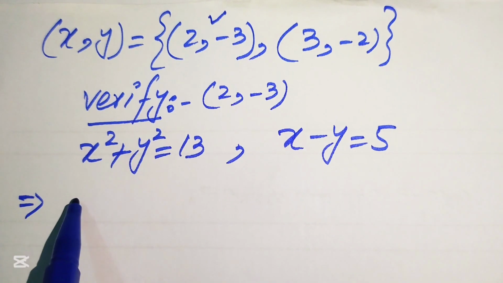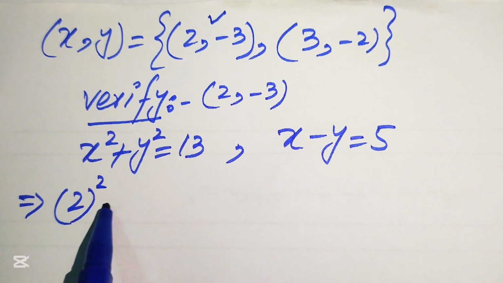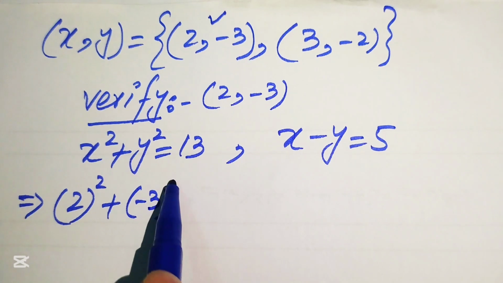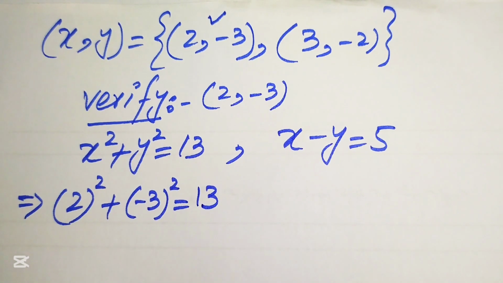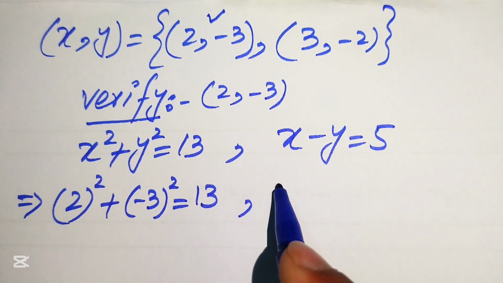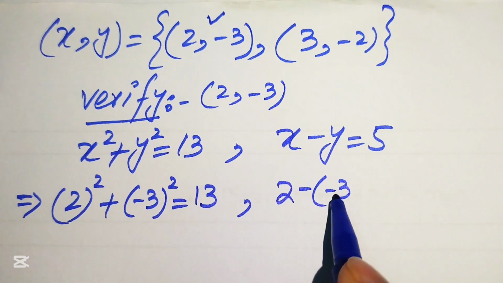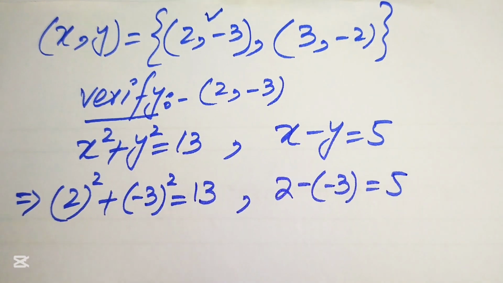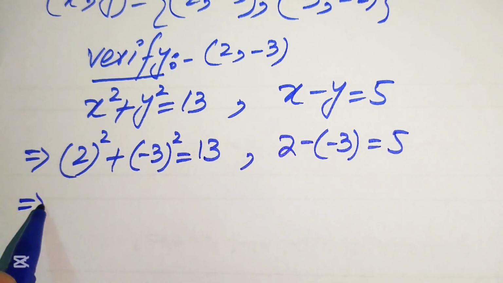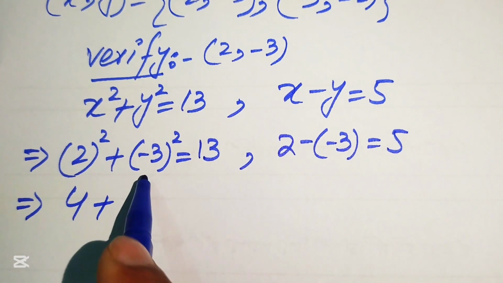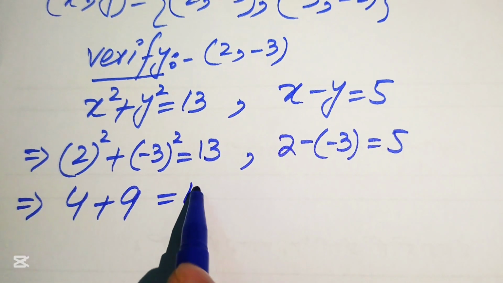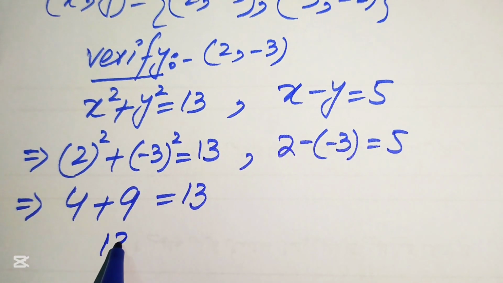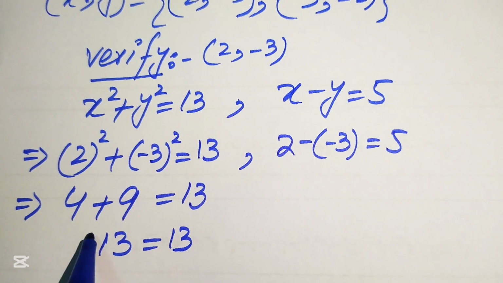This will be written as 2 square plus minus 3 square equals to 13. And in this case, we have 2 minus minus 3 equals to 5. Here we easily get 2 square is 4 and minus 3 square is 9, and 4 plus 9 becomes 13, so 13 equals to 13.